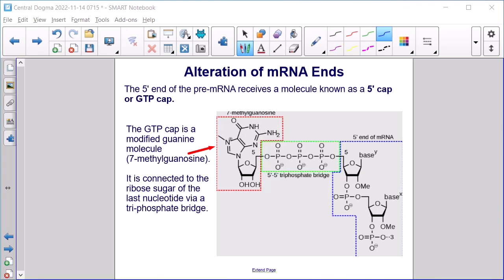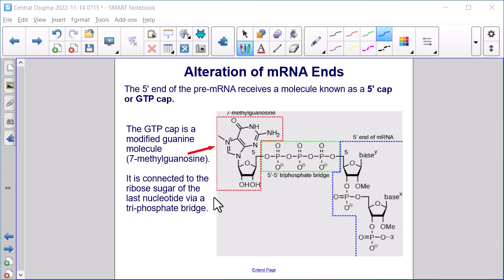Alteration of mRNA ends. The 5' end of the pre-mRNA receives a molecule known as a 5' cap or GTP cap. The GTP cap is a modified guanine molecule, 7-methylguanosine, highlighted in red here.